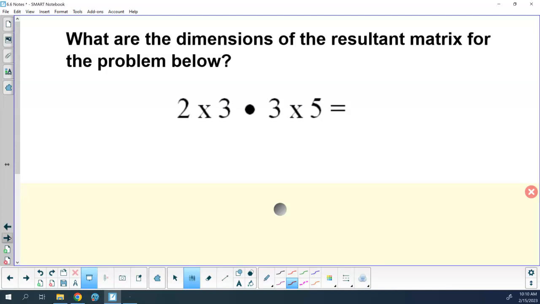The two middles are the same. These two right here are the same. So yes, we can do it. What is going to be the resulting dimensions? 2 by 5, because it's what's left over in that order.